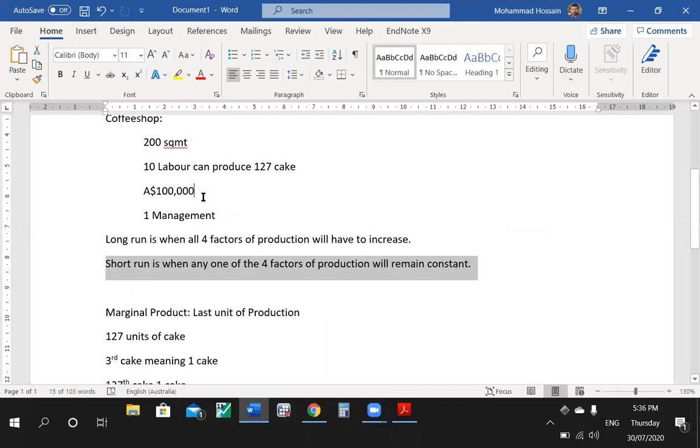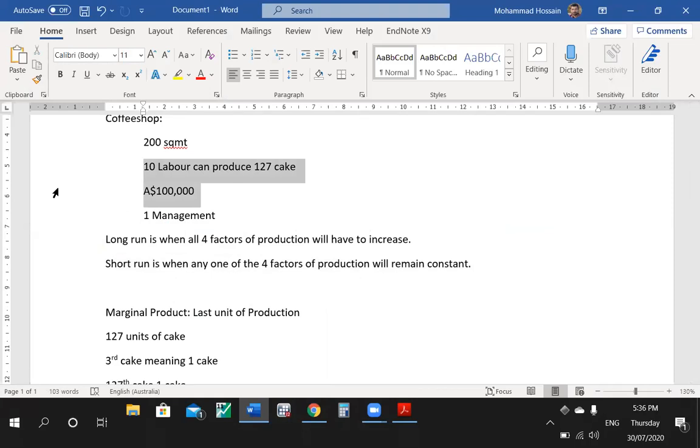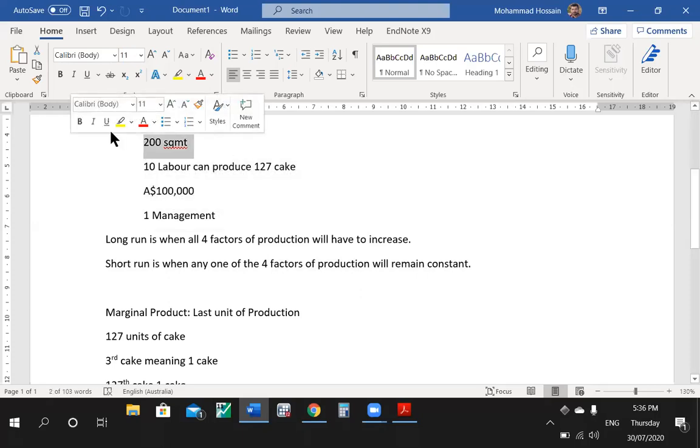So three of them are changed. For example, 10 labor is now changed to 21 labor. 100,000 capital is now turned into $250,000 capital. Management also increases. Let's say it was 6 people, now it's 8 people. But they're still working on the same premises, 200 square meters. Let's say this one unit is still fixed. I will say this is still short run.